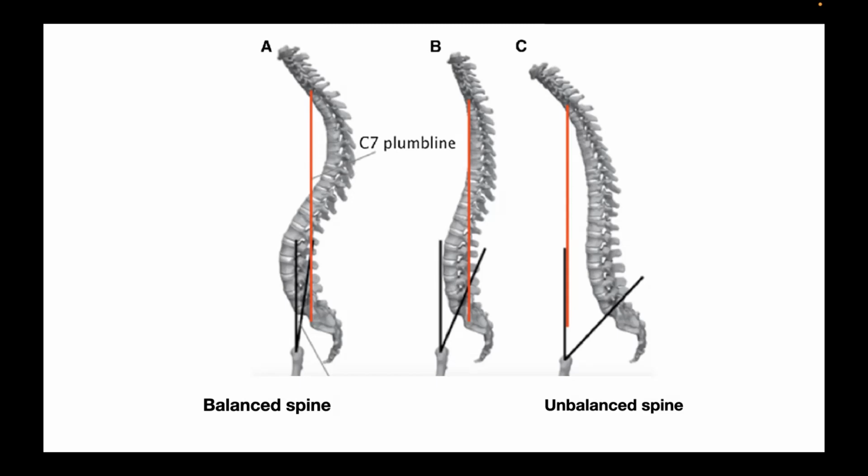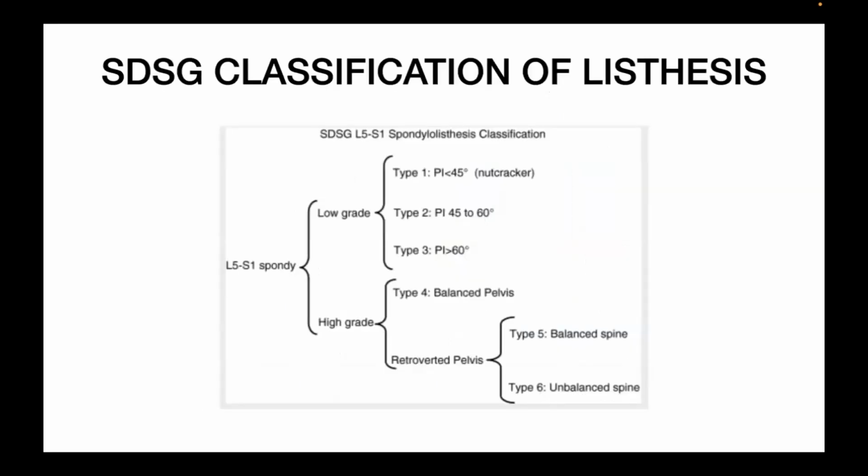Based on these things, the spinal deformity study group classified listhesis into the following types. It divided into low-grade and high-grade listhesis. Low-grade listhesis mainly involved Meyerding's grade 1 and grade 2, where the pelvic incidence was less than 45 degrees. It was called the nutcracker phenomenon. Type 2 had pelvic incidence measuring about 45 to 60 degrees, and type 3 pelvic incidence was more than 60 degrees.